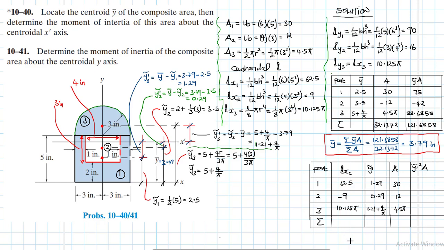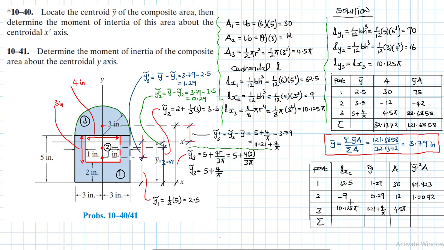So let's get the products. So 1.29 squared times 30. What do we get? We get 49.923. And then 0.29 squared times 12. What do we get? We get 1.0092.